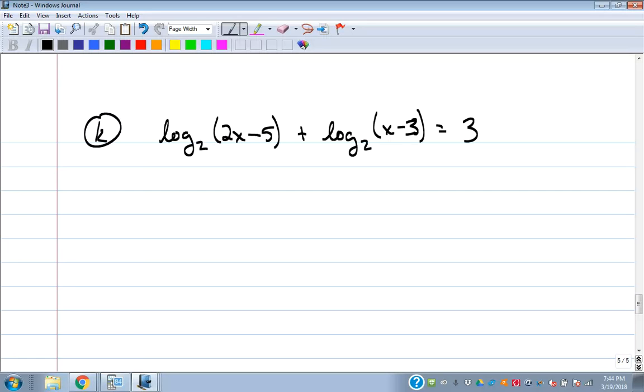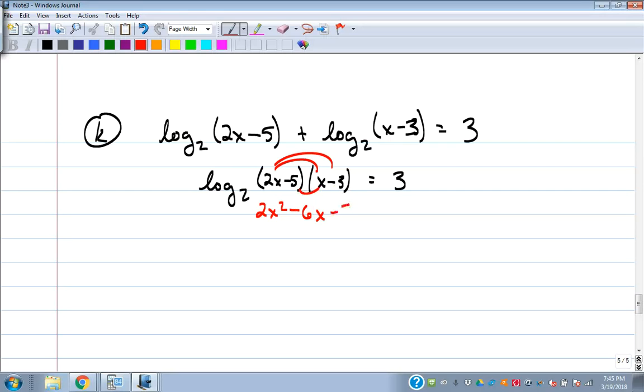All right, so they're adding, so it becomes multiplication. Very good. So we're going to multiply 2x minus 5 times x minus 3. So I got to multiply that out. 2x times x is 2x squared minus 6x minus 5x plus 15.